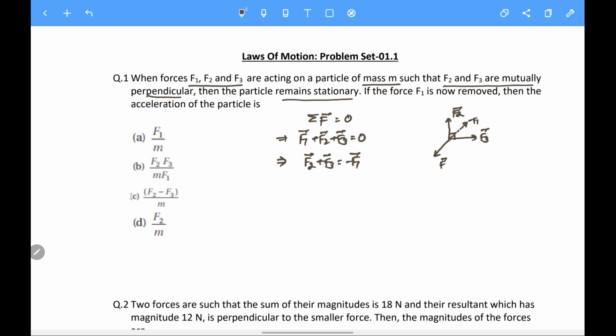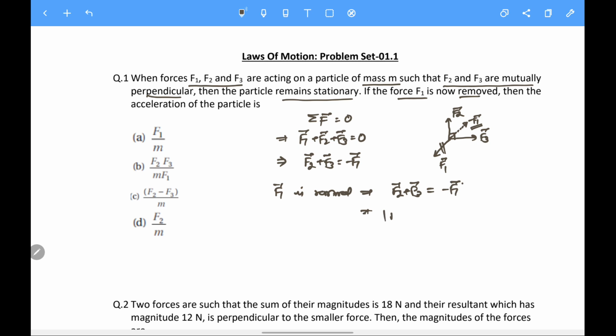This is minus F1. Now question is, if force F1 is removed, it means remaining force is minus F1. Then the acceleration of the particle is, if we remove F1, F1 is removed. This implies that remaining force is F2 plus F3, and that is equal to minus F1.